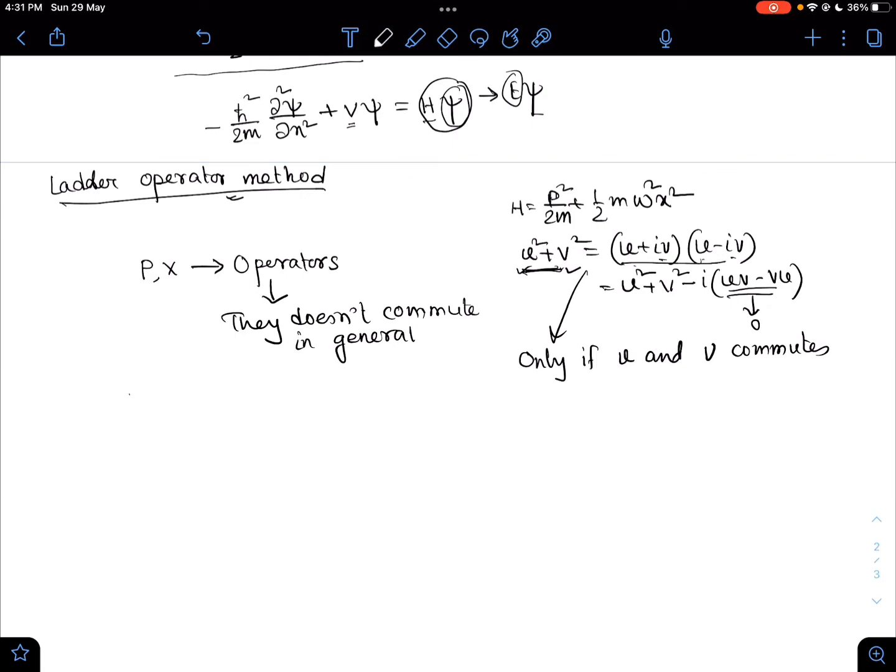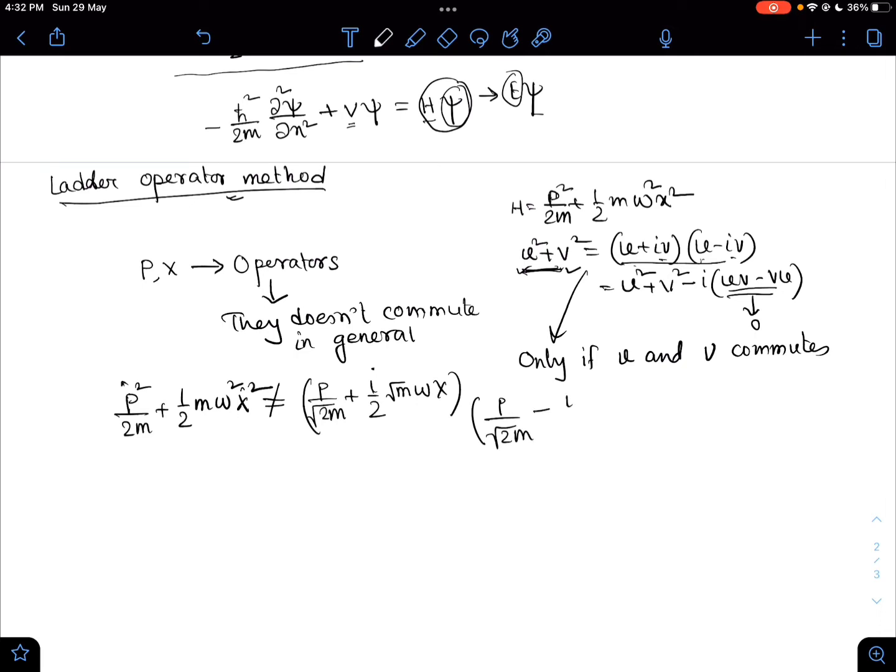So we can't write p squared by 2m plus half m omega squared x squared, if p and x are operators, as p by root 2m plus i root of m omega squared by 2 times x, times its conjugate. If p and x are operators, these are not equivalent.